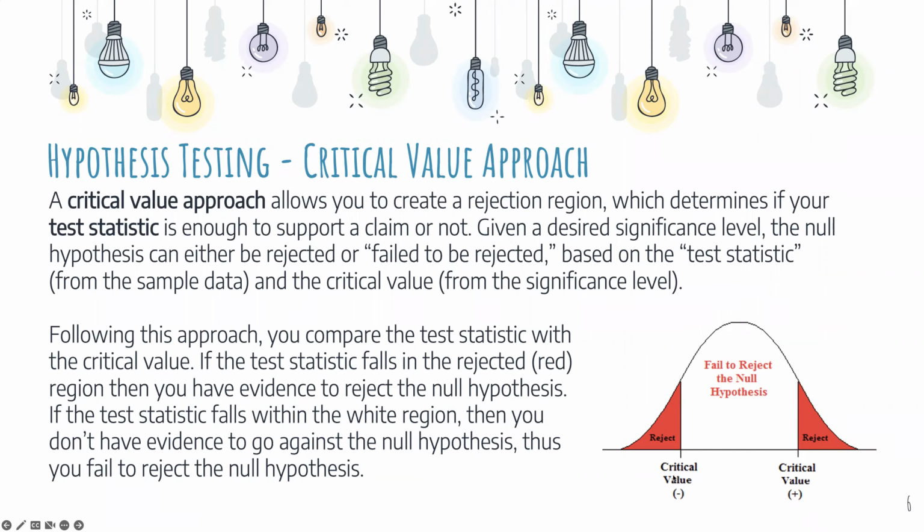The critical values are z-scores from the normal distribution, or t-scores from the t-student distribution, depending on what we're doing. But since you have worked with the normal distribution before, think about critical values as those z-scores that we talk about being so many units of standard deviation away from the right or from the left.